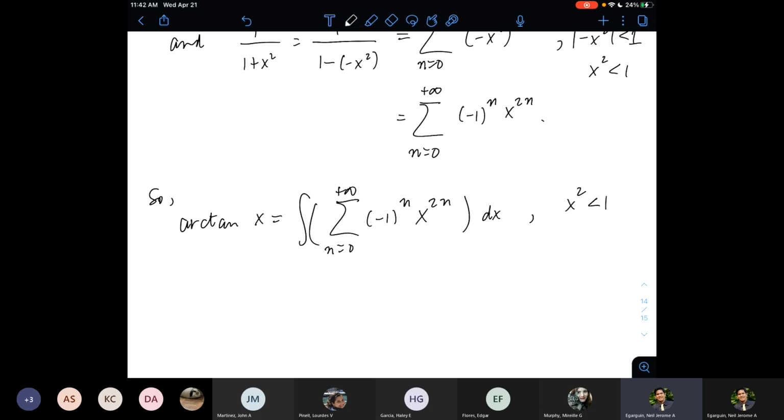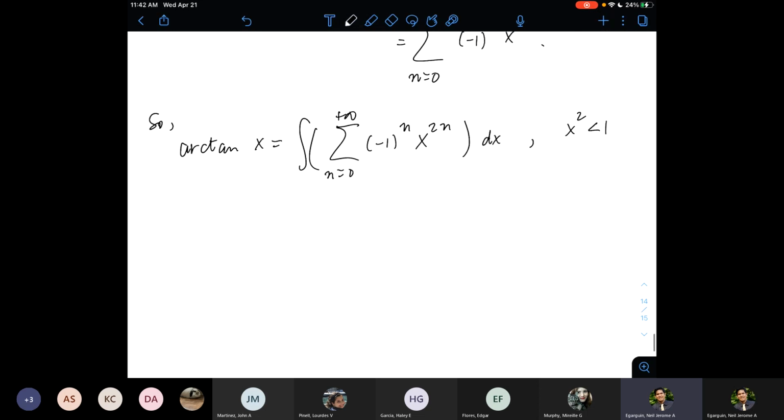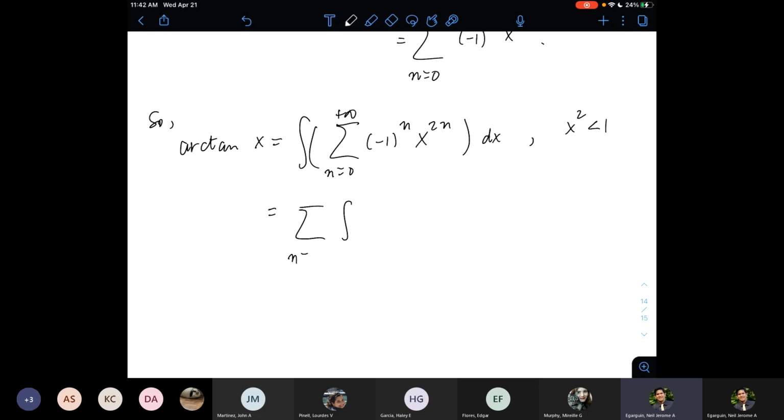And whenever x squared is less than 1, the series is absolutely convergent. And the beauty of absolute convergence is we can interchange the integral and the summation. So instead of integrating a sum, we can sum up integrals, which is much easier to do, right? Because we just have a polynomial here.